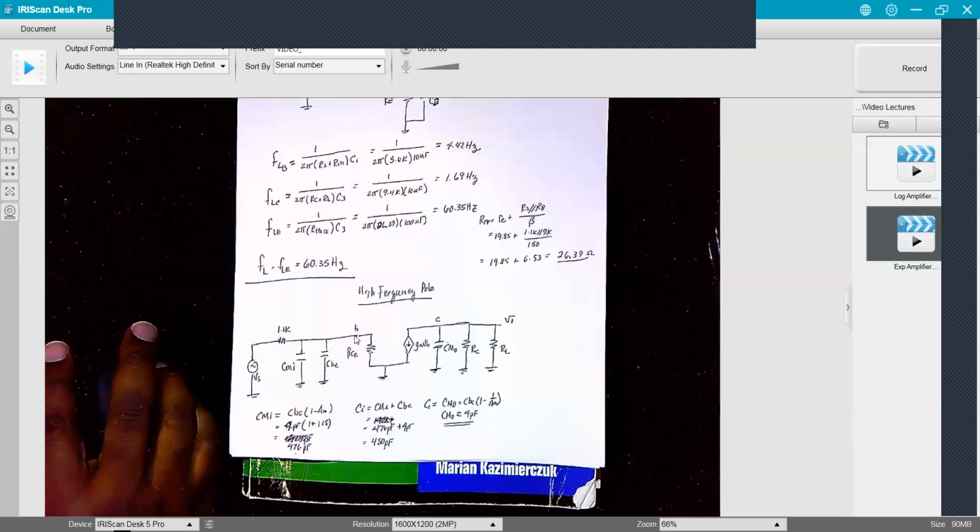And so I've already shown where we use Miller's theorem to replace this capacitor with its equivalent on the input side, C Miller in, and on the output, C Miller out. So C Miller in is C sub BC, which was given, times 1 minus the gain. So that's 4 picofarads times 119, which is 476 picofarads.